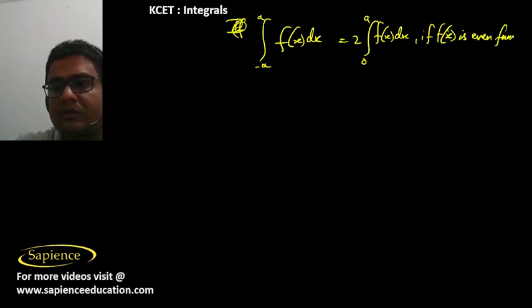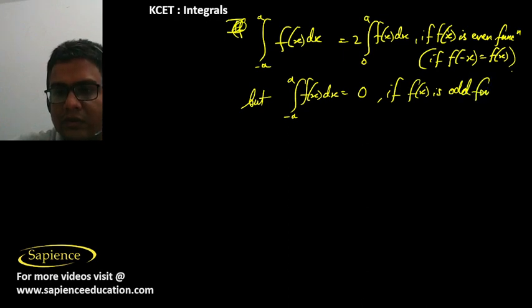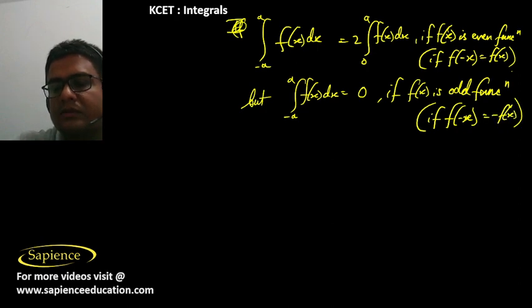Even function means f of minus x equals f of x. But the integral from minus a to a of f of x dx will be equal to 0 if f of x is an odd function. Odd function means f of minus x equals minus f of x.